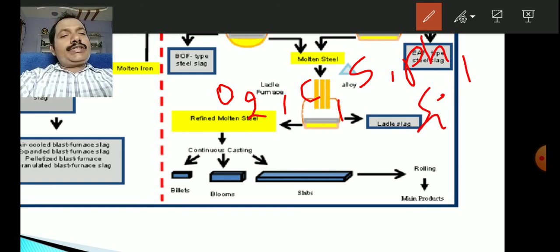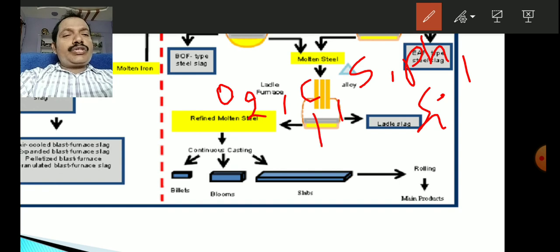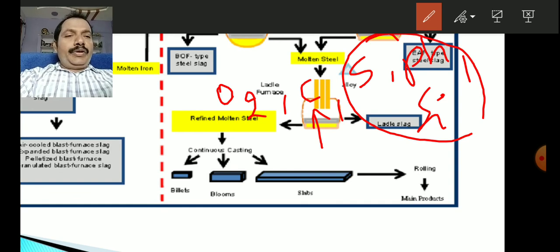These are the elements present in the pig iron, molten steel. So these are the impurities. We want to reduce the carbon content and we want to eliminate these three impurities so that we will get the required grade steel. For that, we are supplying oxygen with the help of the lance.